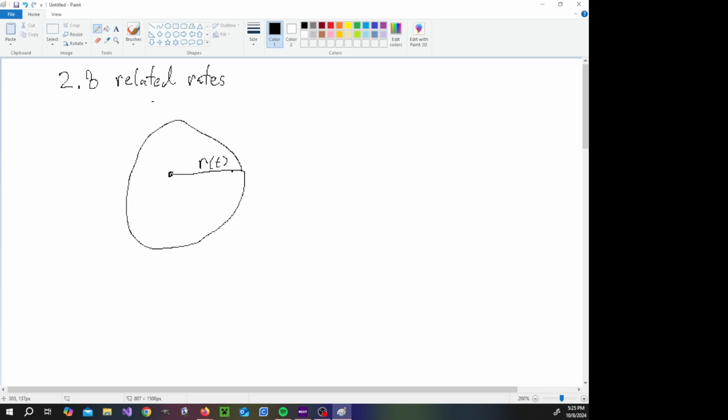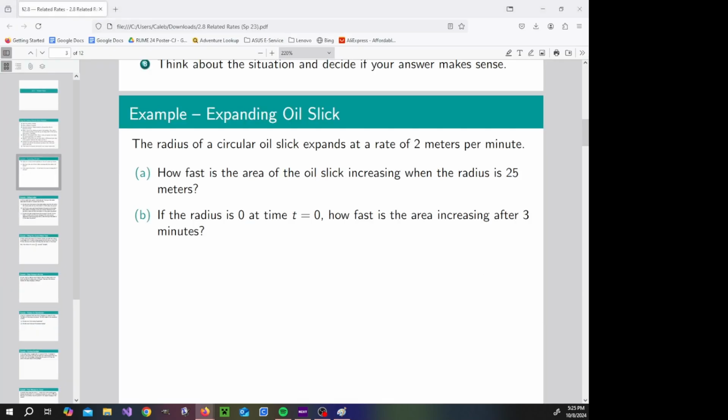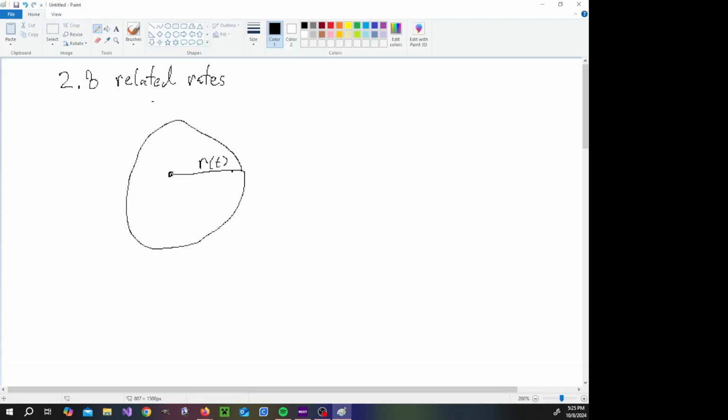So the question wants to know, how fast is the area of the oil slick increasing when the radius is 25 meters? So, first of all, it wants to know the area, well, how fast the area is changing.